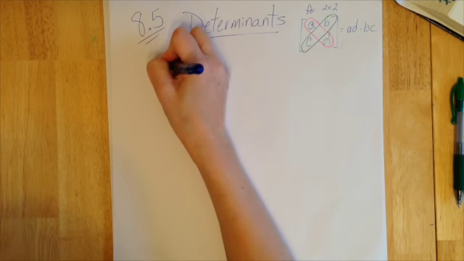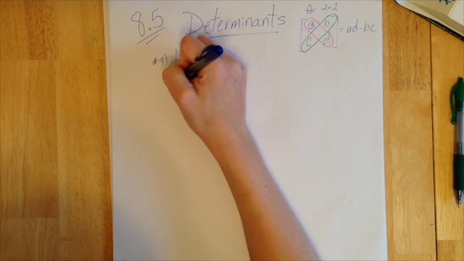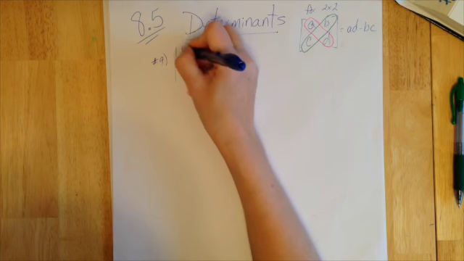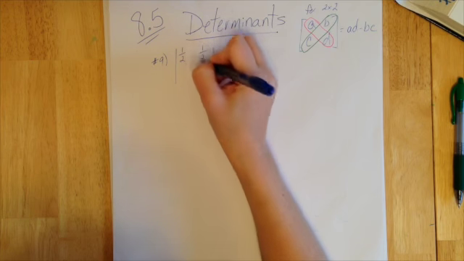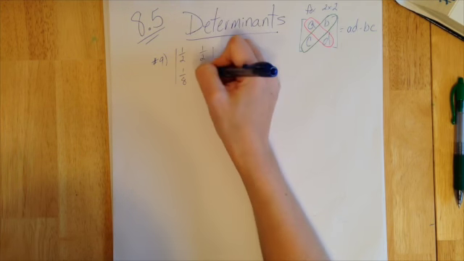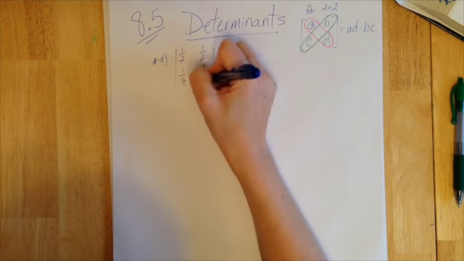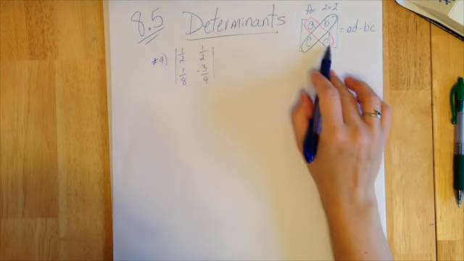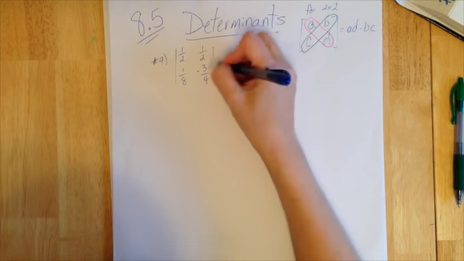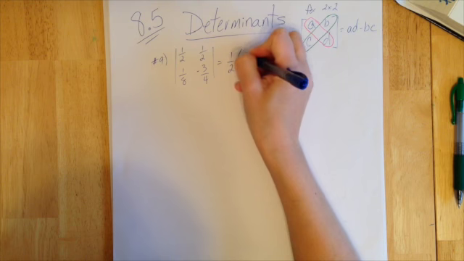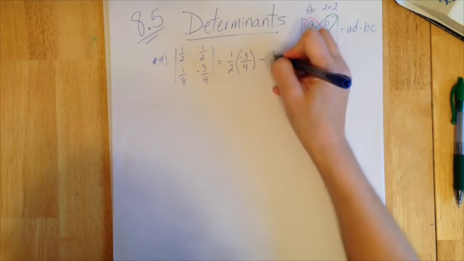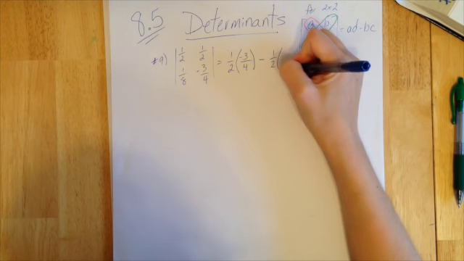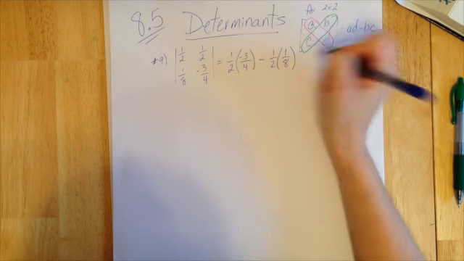So we're going to start with, from the book, problem number 9. So the matrix is 1/2, 1/2, 1/8, negative 3/4. When you're doing the determinant, you only need the straight lines, so AD, 1/2 times negative 3/4, minus BC, 1/2 times 1/8.